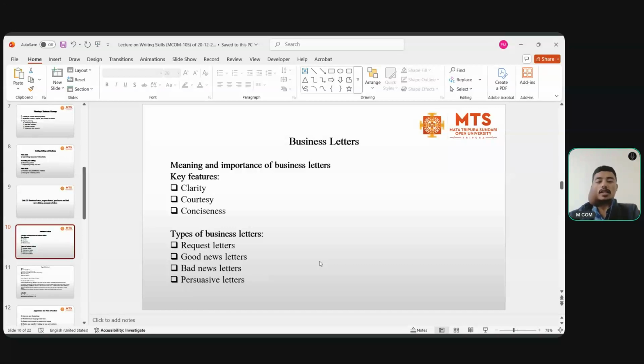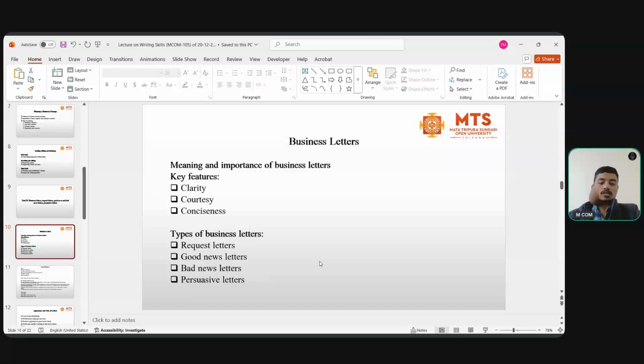So knowing how to write business letters properly is very crucial for your future career, or in any professional situation or context.